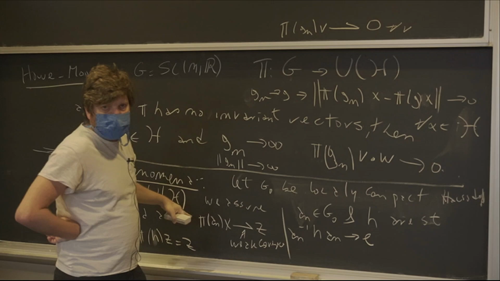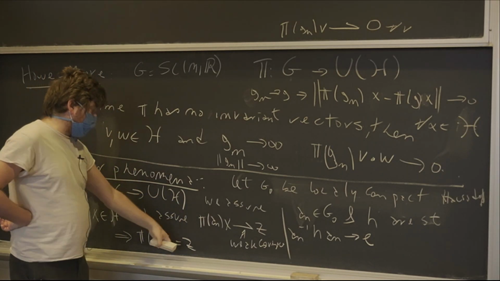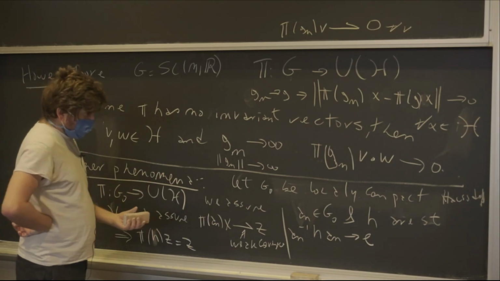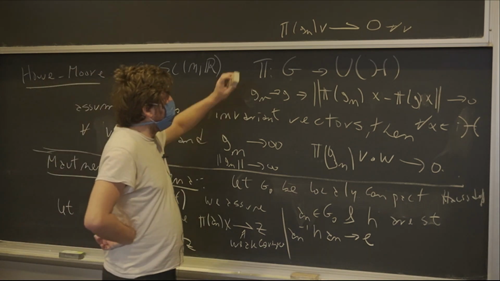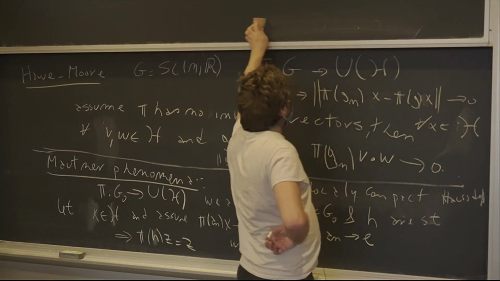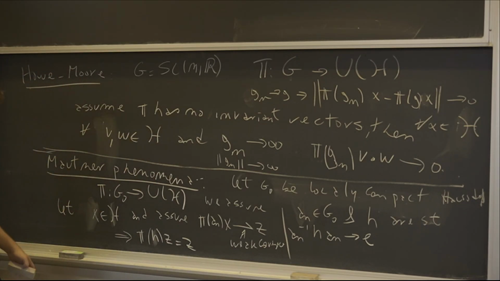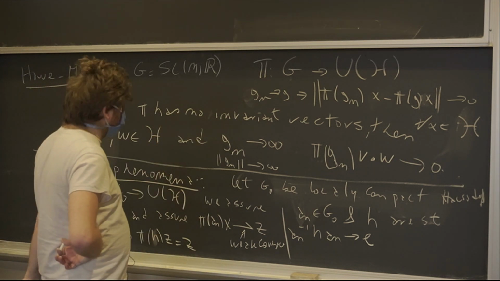Even here in Mautner, assuming there is no invariant vector, I would like z to be 0, but then I really will not be able to get it that easily, because G naught is just an abstract group here. That's why it's such a different statement, but they are really talking about the same subject. So let's prove Mautner, and then we go back to Howe-Moore.